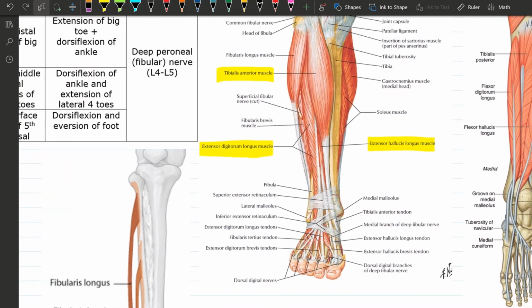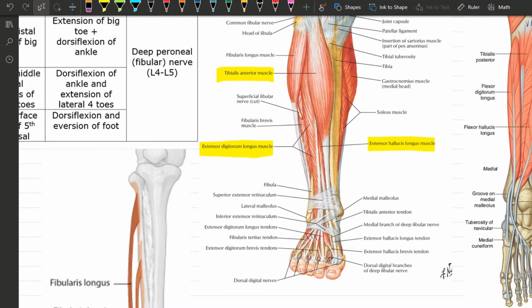The insertion for this muscle is going to be at the lateral phalanges of toes 2 to 5, and it will induce the extension of these four toes, as well as the dorsiflexion of the foot. This muscle, like the other ones, is also going to be innervated by the deep fibular nerve.